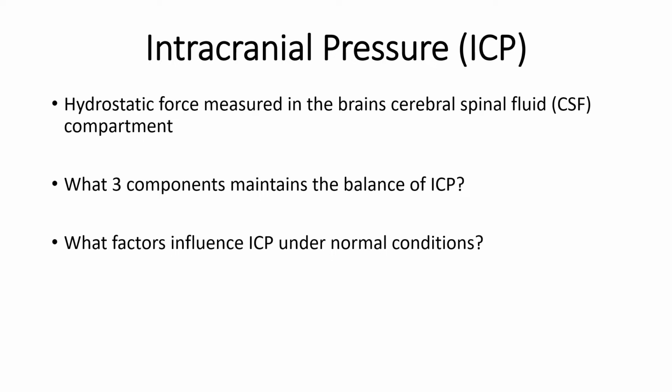And there are a lot of normal factors that our body uses to regulate ICP under normal conditions. So we have arterial pressure, venous pressure, intra-abdominal and intrathoracic pressure, the posturing of a patient, temperature, and blood gases, especially when dealing with CO2 levels. And all under normal conditions, that influences ICP.